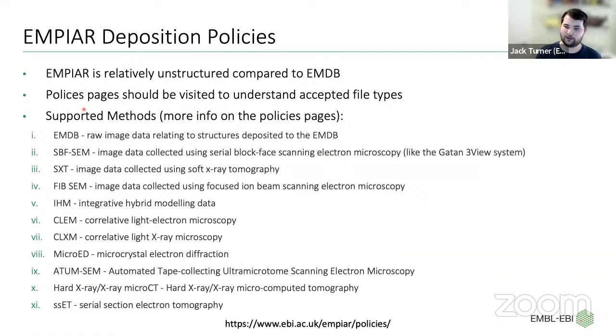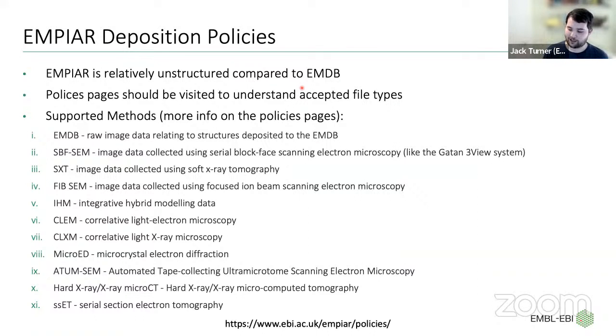In terms of the supported methods, I've just copied and pasted them here, but actually this isn't the full information. There's more in the policies document, but you can see just how many different methodologies EMPIAR now accepts. I should note as well, whilst we do have a series of accepted file types, the whole point of EMPIAR is that it is supposed to be reasonably flexible for new data processes coming out. So we do accept more than these file types.